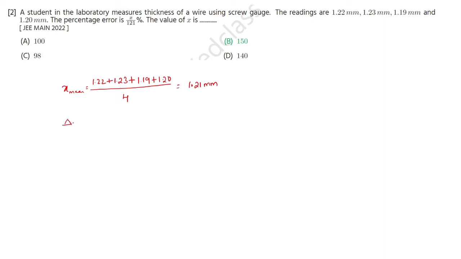Okay, that is delta x1 first of all, that is modulus of 1.22 minus 1.21. As you are taking the modulus, even if you get the difference as a negative, the final value will be positive only. So it is 0.01.